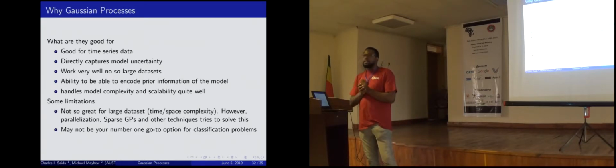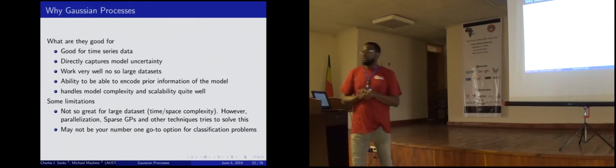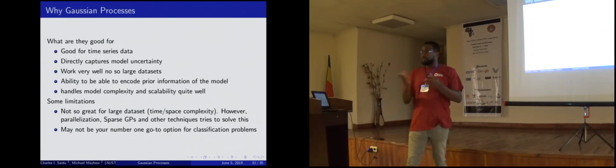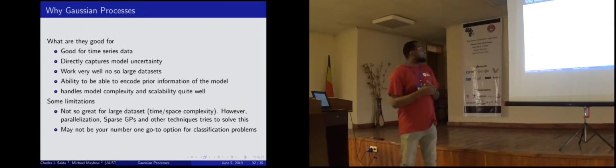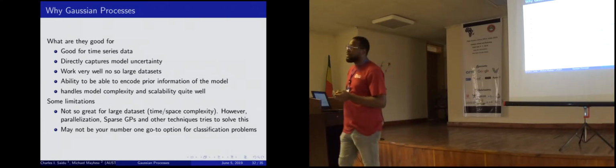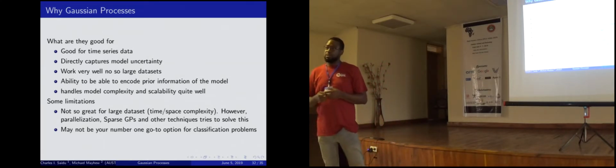So why should we use Gaussian processes? They are very good for time series data, as you will see. They directly capture model uncertainty, especially when that is very important in your predictions.